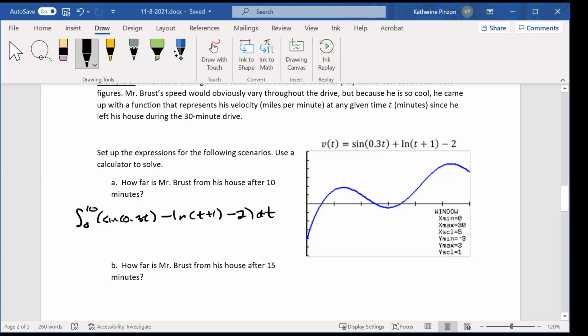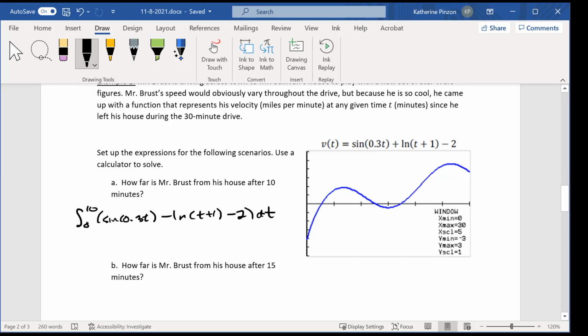What do you notice about his velocity at the beginning? It's negative, right? Because it's below the x-axis. So he's moving backwards, like maybe he lives on that windy street in San Francisco or something, right? So he goes backwards and then here he starts to move forward, right? This scale goes by 5, so 10 minutes is somewhere at this second tick mark.